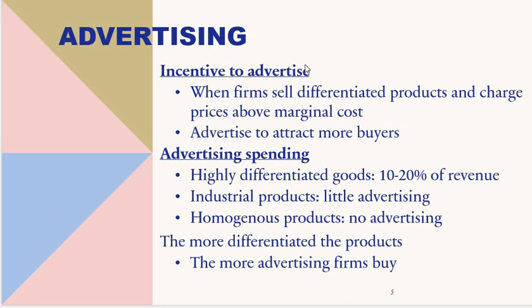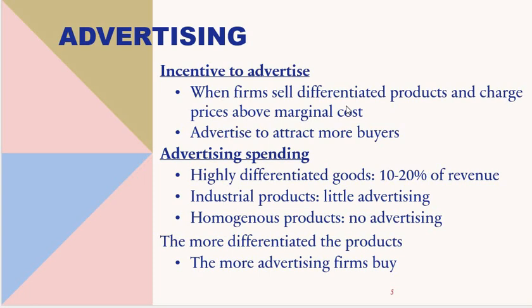So consider if we're in a perfect competition market, say a wheat market, everyone's selling identical agricultural products, there is no point of advertising because buyers don't really care where or from whom they buy their wheat, right? But for a monopolistic competition market, it's a little bit different because customers could identify the differences between products.